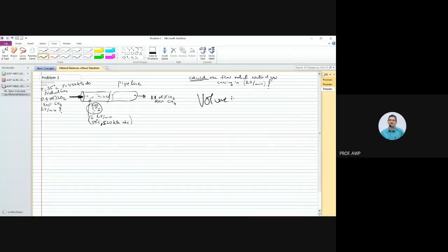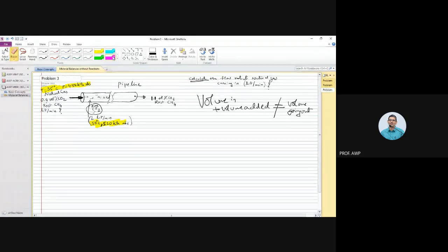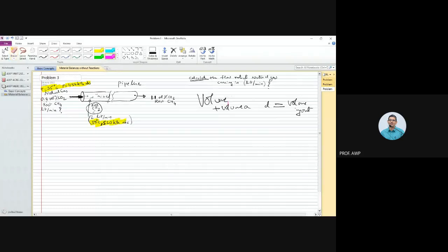Volume in plus volume added is not equal to volume going out. Why not? Because the temperatures are different. Temperature and pressures are different. So we are not going to write a balance for volume. Never, ever.